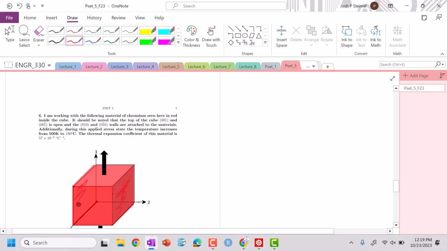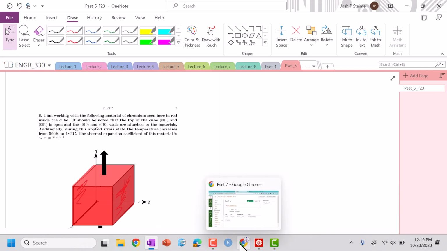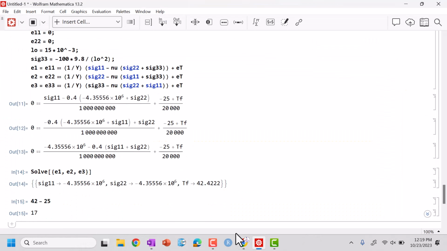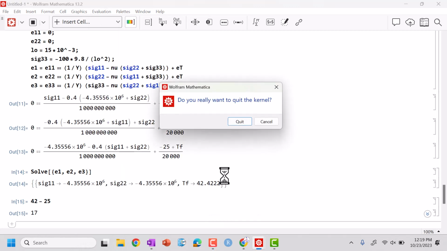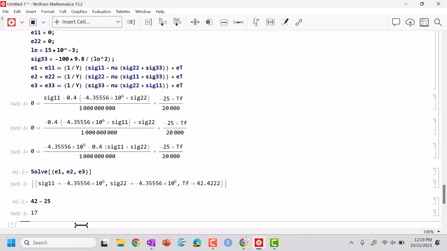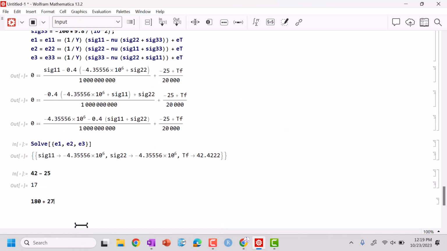During this applied stress state, the temperature changes from 500 K to 180 degrees C. Please ignore the word increases there because that's a typo. So let's calculate 180 plus 273.